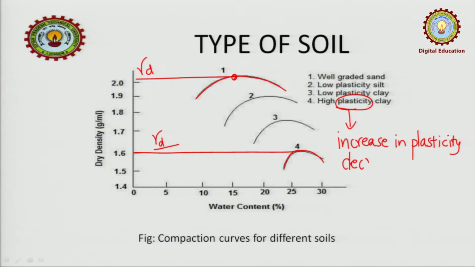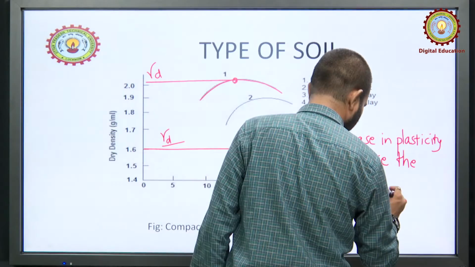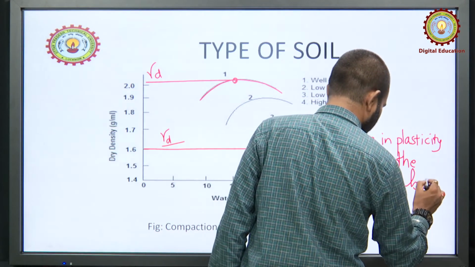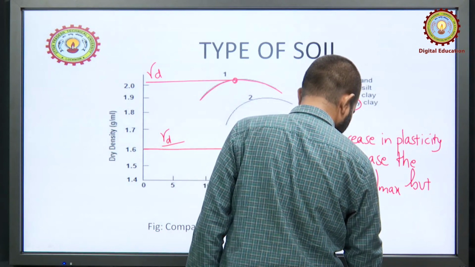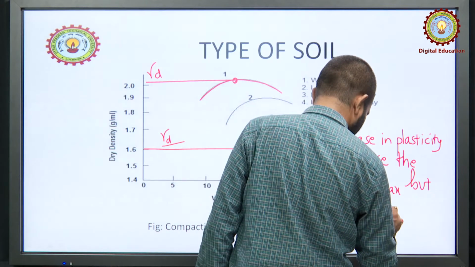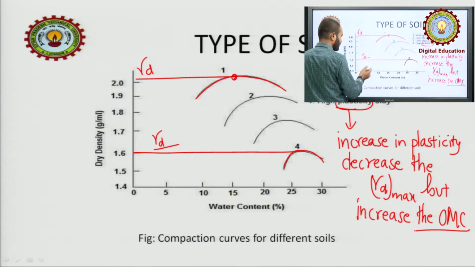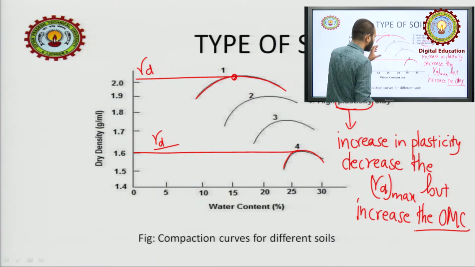Increase in plasticity will decrease the gamma d max, or maximum dry density. Okay, but what will it do? It will increase the optimum moisture content. Okay. So this was the conclusion which we can draw from this graph.